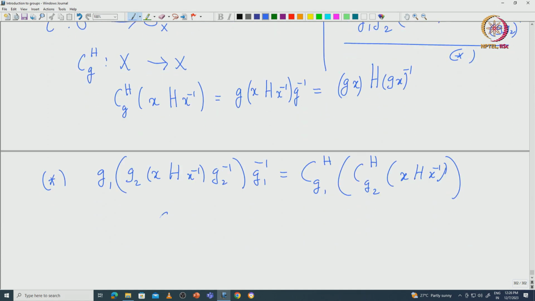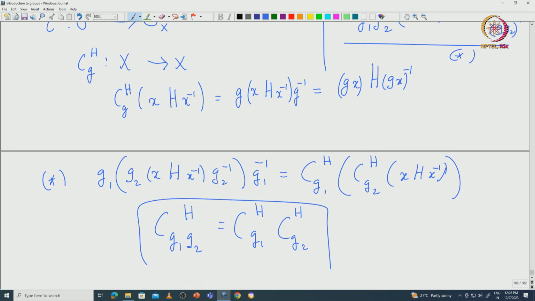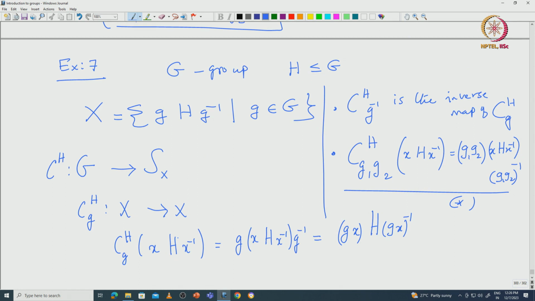So that means C_{g1 g2} is the same as C_{g1} C_{g2}. So the group laws are indeed satisfied. So that means this actually gives you an action of this G on this set of all conjugates of this subgroup H. So note that this is a simple exercise.